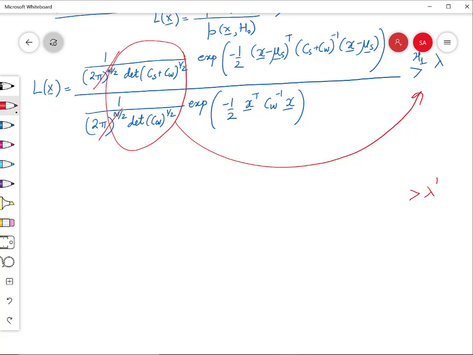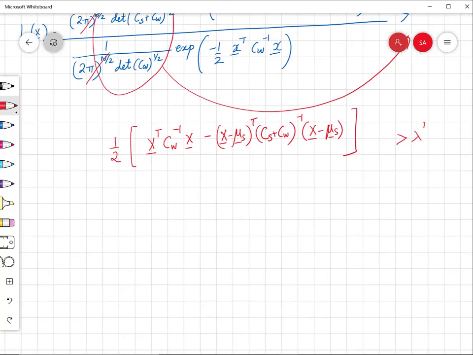This is lambda dash, and this quantity we get is half of (x transpose CW inverse x minus (x minus mu s) transpose (cs plus cw) inverse (x minus mu of s)).